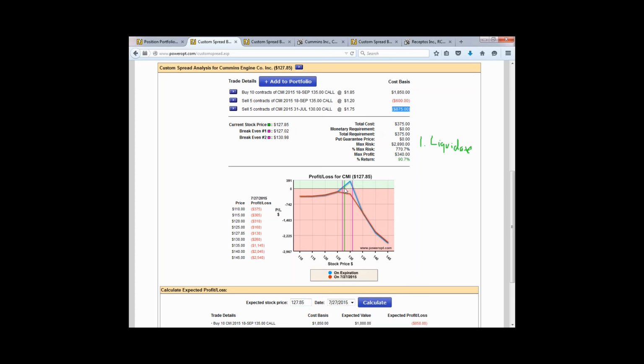But if the stock pulls back and moves back up to 135, now we're at a loss of $1,100. Still below our original $1,850 in, but because we had to sell this call below our long call, we've done a reversed calendar call spread in this case, and now we've got some exposure to the upside if the stock recovers. Okay, so that's one of the things we had to talk about.